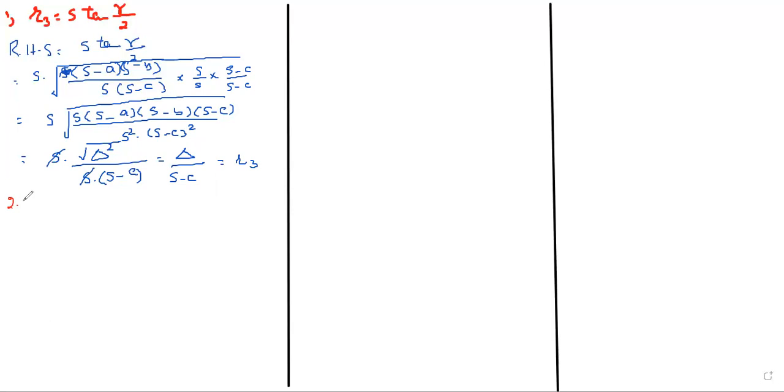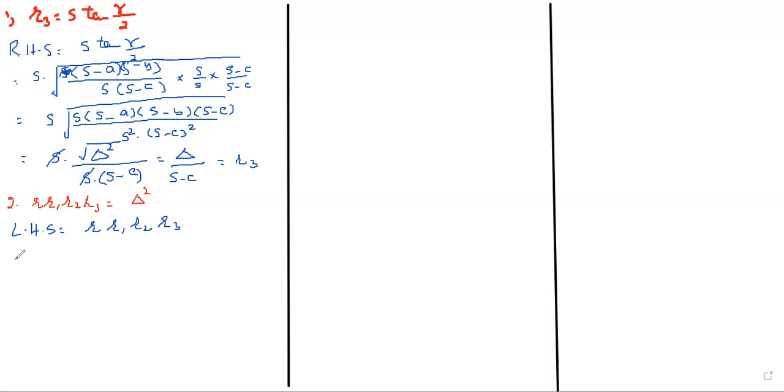Now prove that R, R1, R2 and R3 equals delta square. We just take the left-hand side this time. So the left-hand side equals R, R1, R2 and R3.